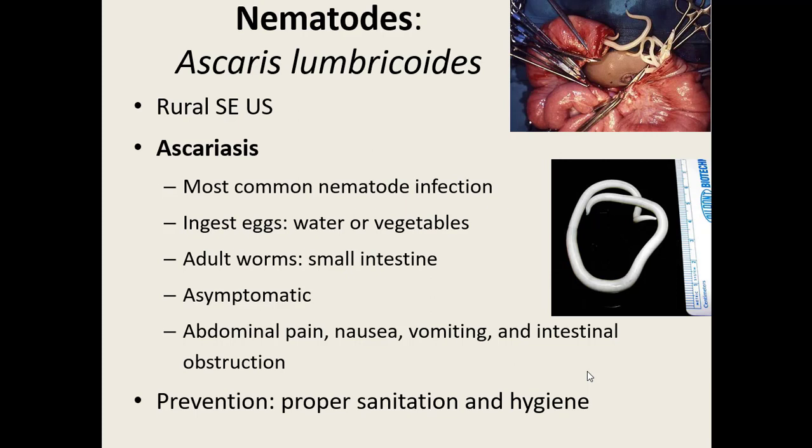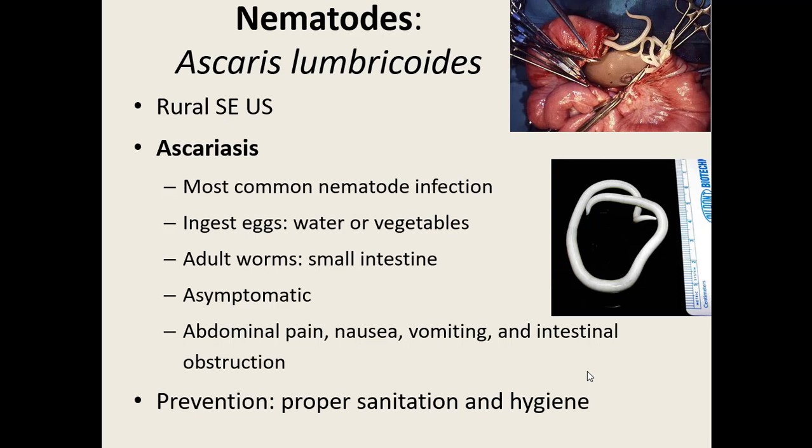Now, how do you pick it up? Well, we would ingest the eggs in some type of water or vegetation. Once you eat the eggs, they invade the intestinal wall. They get into the circulatory system, and then they head to the lungs. They're going to hang out and grow in the lungs. But they eventually need to get to the small intestine.